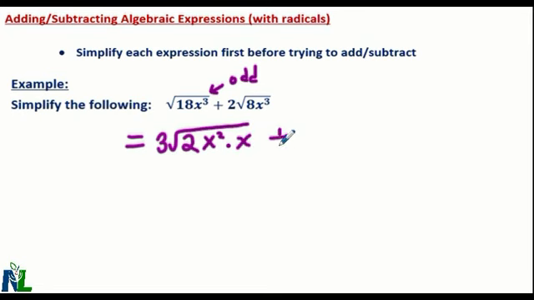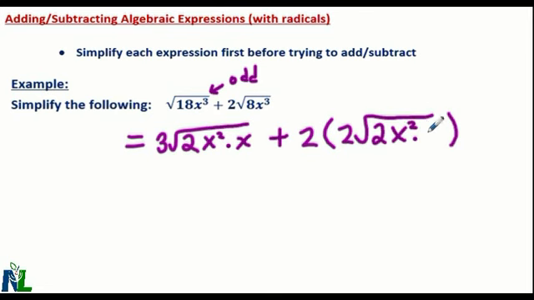Now, in the next one, I already have a 2 as a coefficient outside, so I'm just going to leave that where it is, and I'm going to use brackets. The square root of 8 we just mentioned was 2 square root 2. So I'm going to, again, rewrite x to the power 3 as x squared root x.